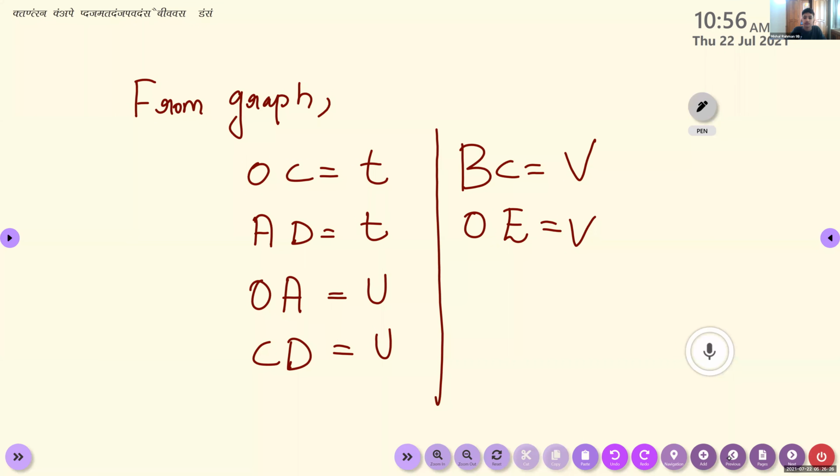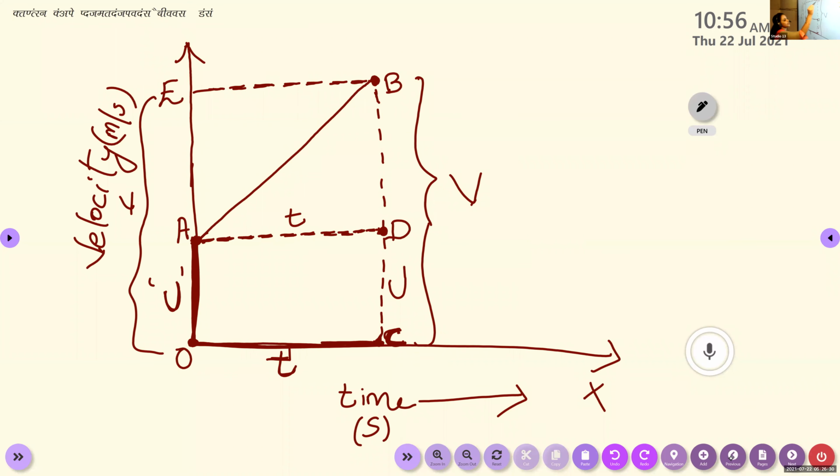Then again from the graph, can you say what is BC? I am not asking about the final velocity. How can we measure the side BC mathematically? No, the straight line BC.